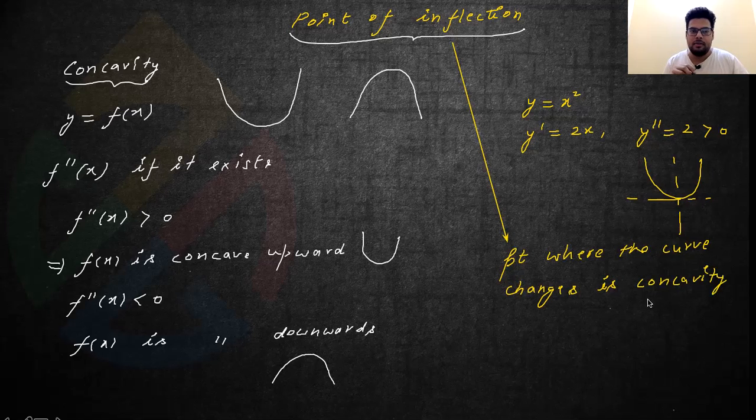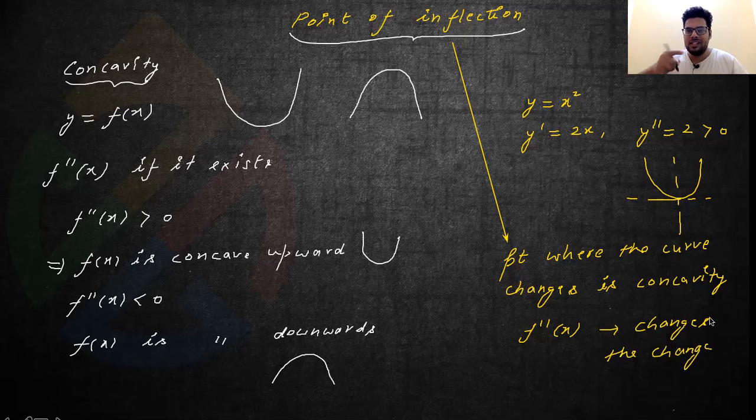So if you have the curve changing from concave upward to concave downward, the point where it makes the change is the point of inflection. Or mathematically, you can say the double derivative changes the sign, right? So f double dash x changes the sign at that point, around that point.